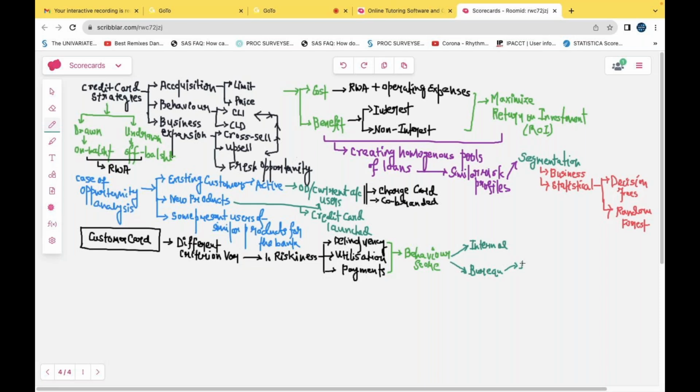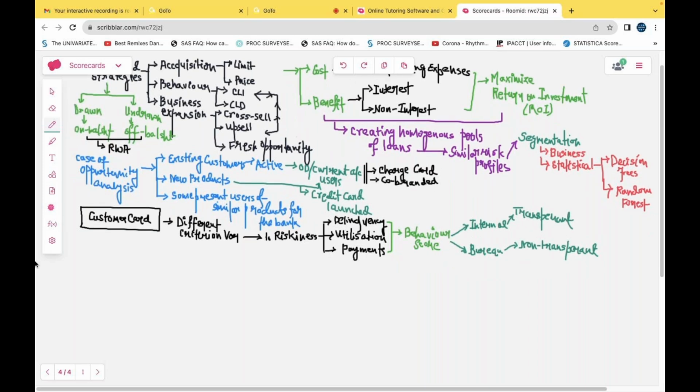So I don't know what variables have gone into computing this bureau score, or whether the factors or the variation that has been used in the score is aligned to my requirements or to my portfolio or not. Whereas the internal scores are transparent scores. So this is the reason why the first level of segmentation at a strategy level is generally done using behavior scores.